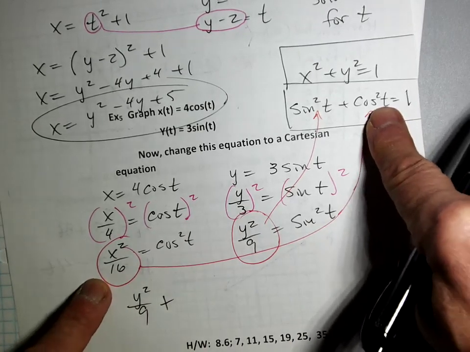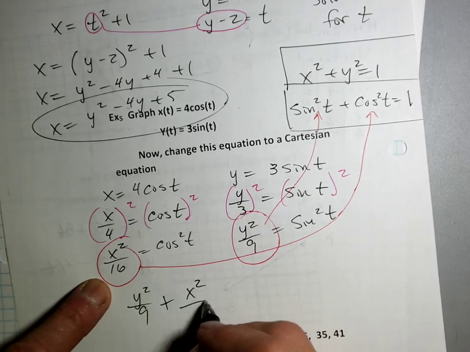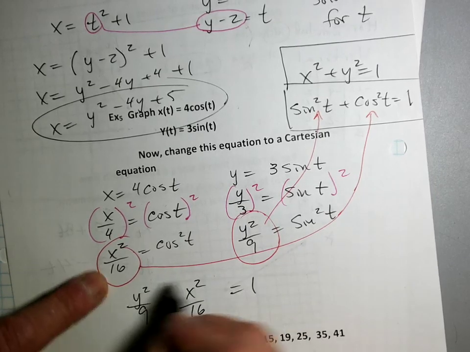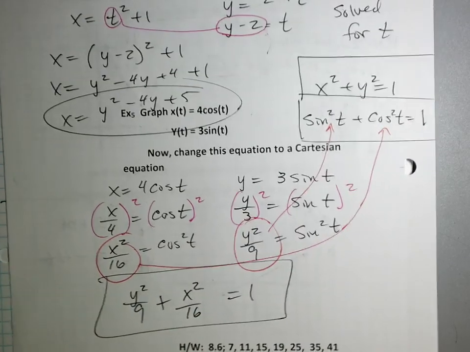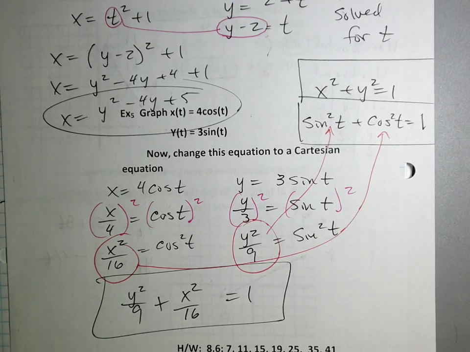X squared over 16, and it equals 1. So what I did is I went from t's, x's, t's, y's, t's, into just x's and y's only. So I changed it from parametric into regular Cartesian or XY.